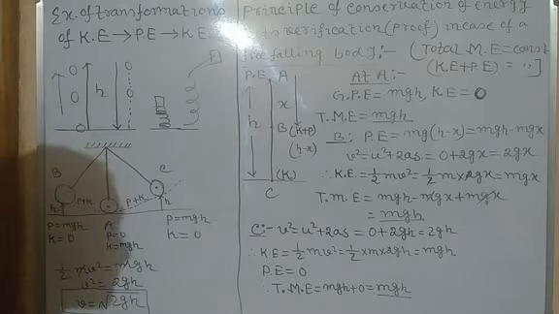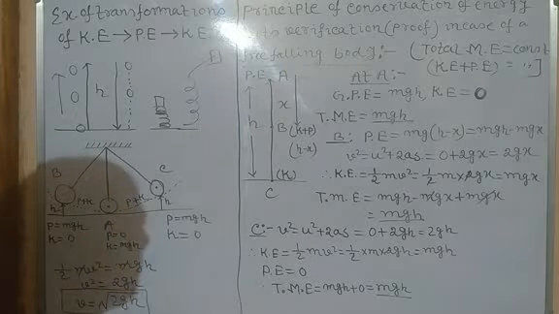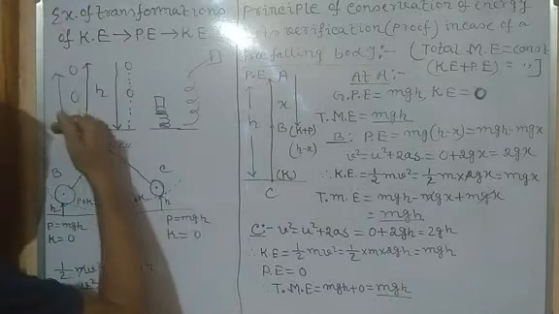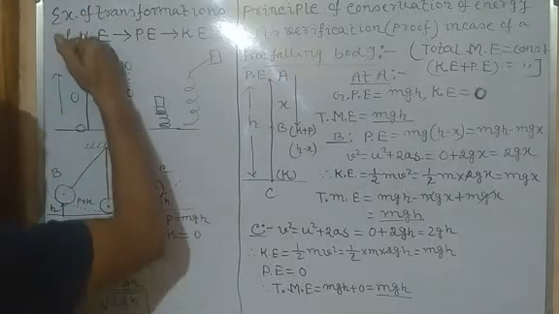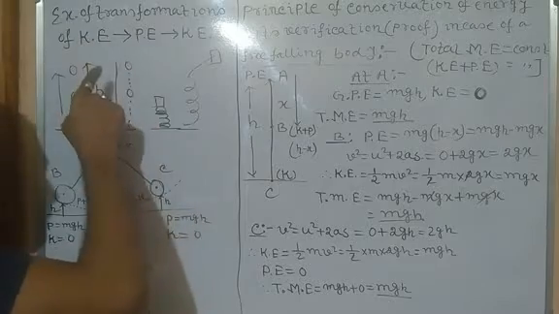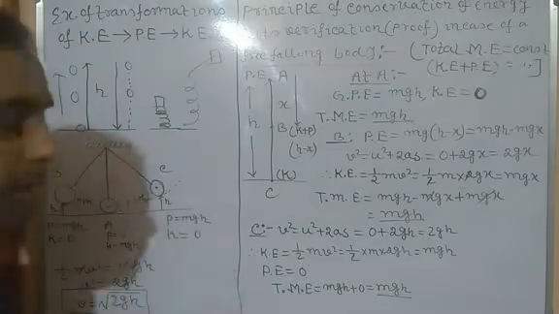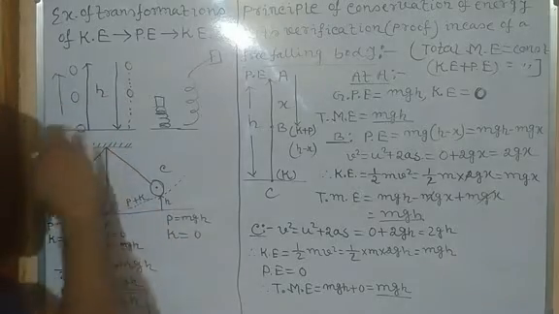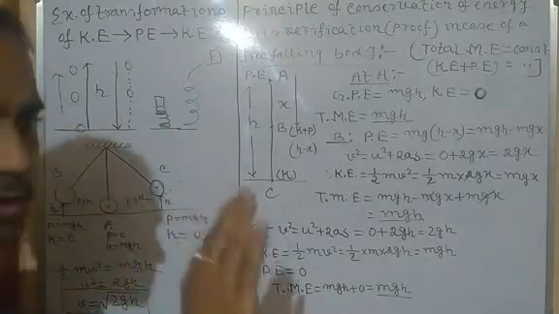Potential energy is the energy possessed due to change in position. Since from the ground it has attained a height h, it will have gravitational potential energy, that is mgh. So at rest, its kinetic energy plus potential energy was 0.